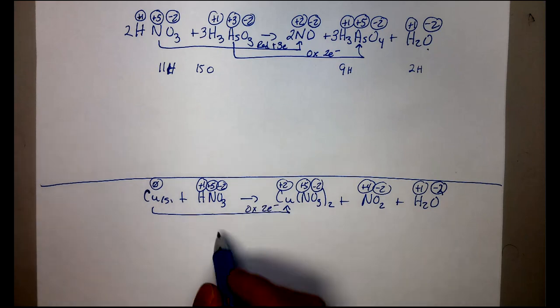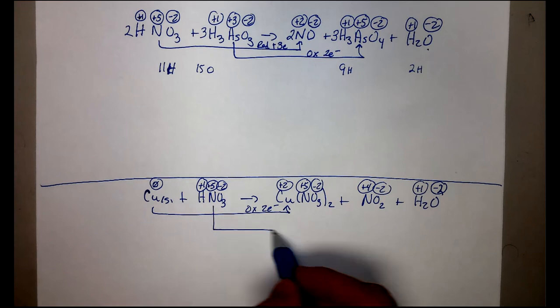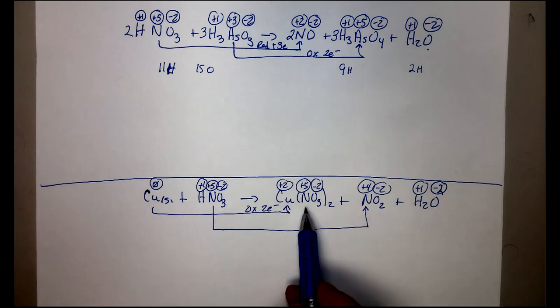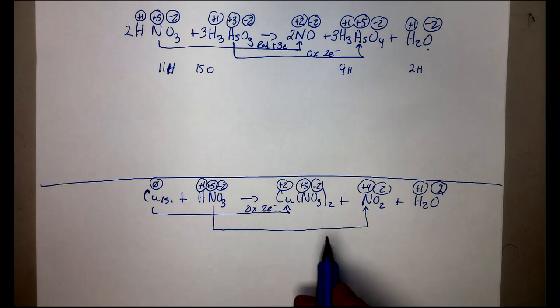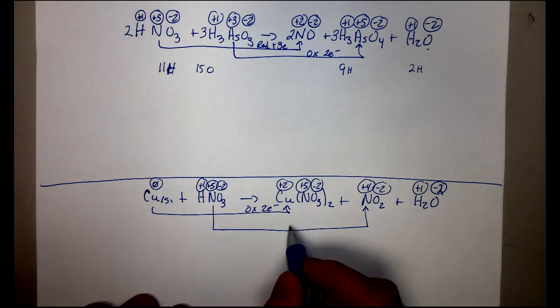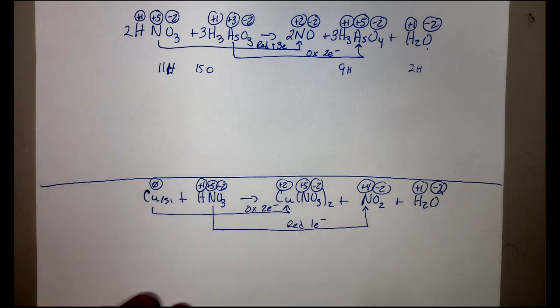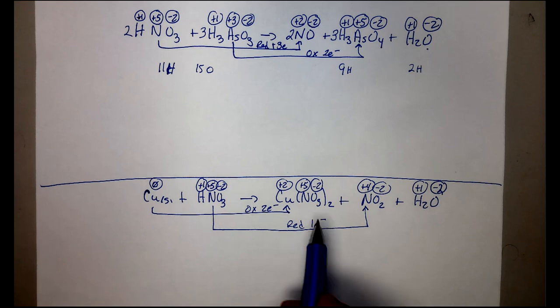Now the nitrogen that we're interested in is going right there. There is some nitrate that does not change oxidation numbers, so that adds a little wrinkle to this one. But regardless, it's a reduction by 1 electron. But I have to account for this one as well.